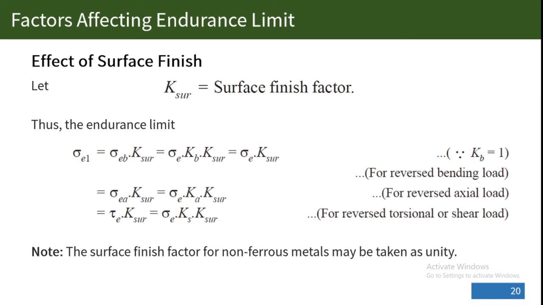We just simply replace the load correction factor with K sub S, or the load correction factor for reverse torsional or shear load, and we multiply it with the surface finish factor K sub SUR. Let's take note that the surface finish factor for non-ferrous metals may be taken as unity. So for non-ferrous materials, the surface finish factor is equal to 1.